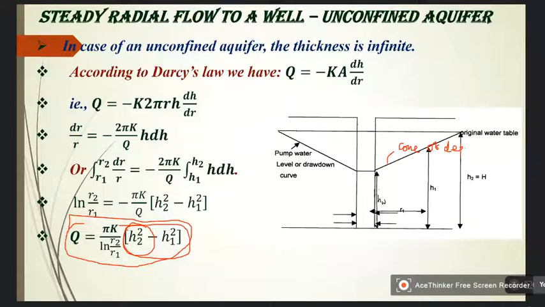What is cone of depression? Cone of depression is nothing but the drawdown curve profile after attaining a particular equilibrium stage.